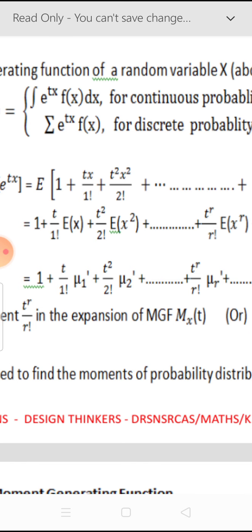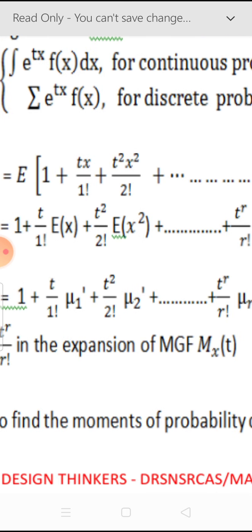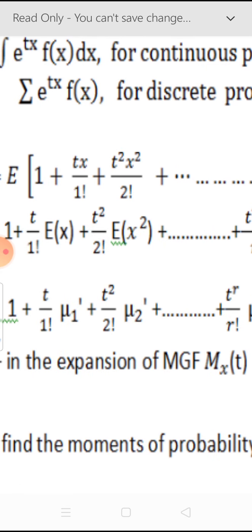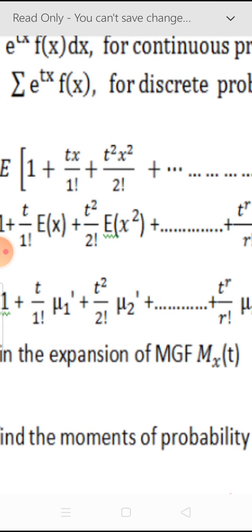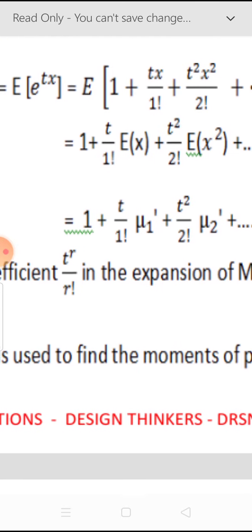For the second term, t by 1 factorial is a constant, so you take it outside and find the expectation for only the random variable x, so e of x. In the third term you take t square by 2 factorial outside and get e of x square, etc. And here you take t power r by r factorial outside and we find the value of the expectation of x power r, e of x power r.